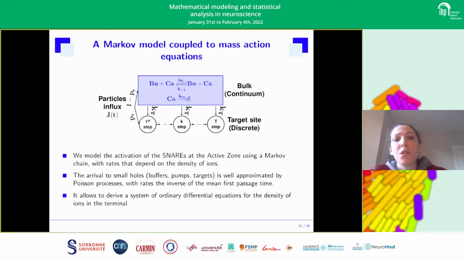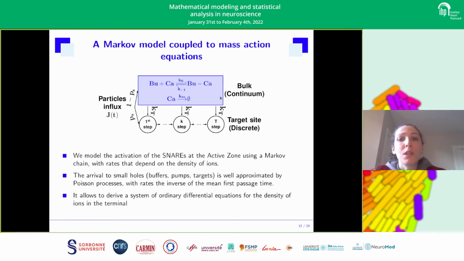So we chose to couple the stochastic approach to the continuum through this Markov model coupled to mass action. The idea was to represent the bulk with continuous equations, and the target, the binding to the target, the discrete and stochastic part, with a Markov chain.